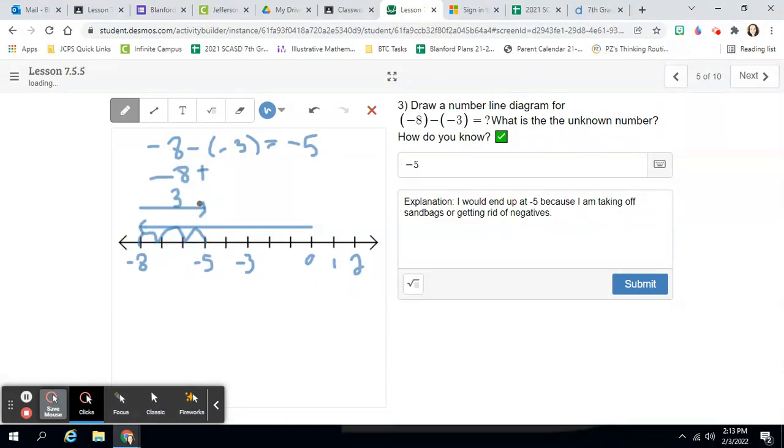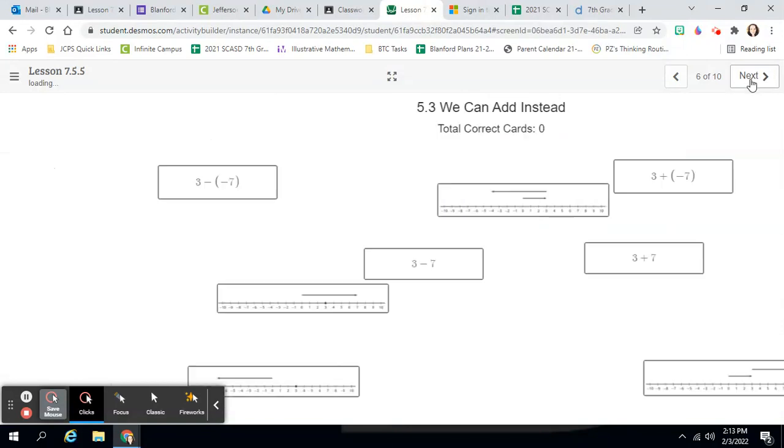And I also know it can represent a positive number because it's going in this direction. So we know that -8 minus -3 is equal to -5, which is the same thing as taking -8 and adding a +3. We still get -5.